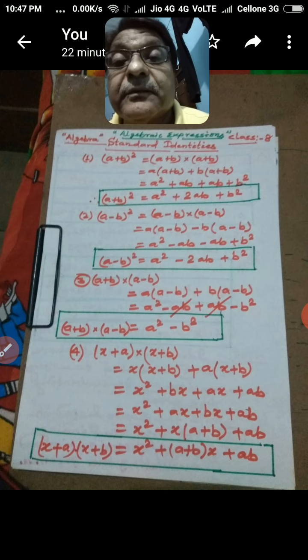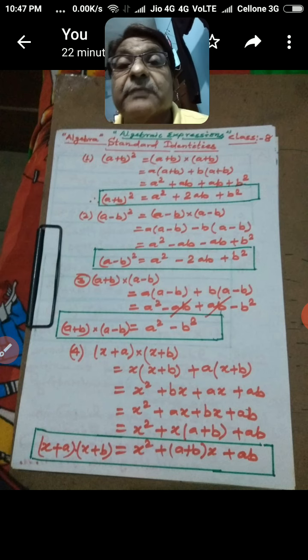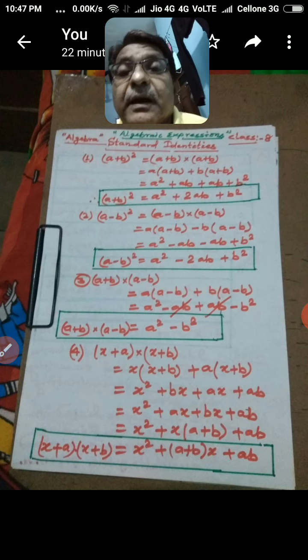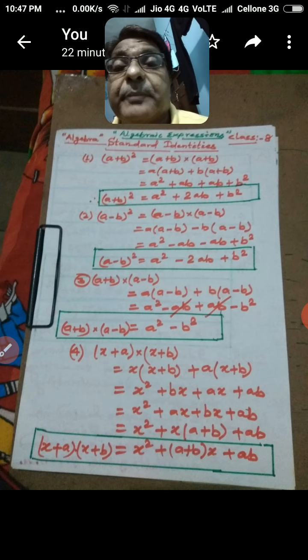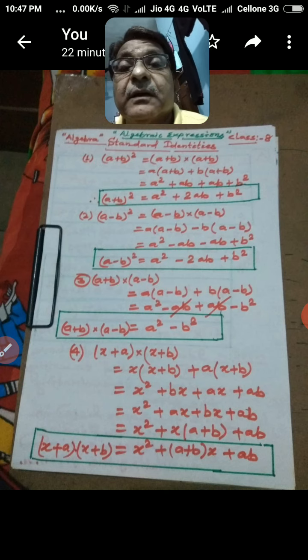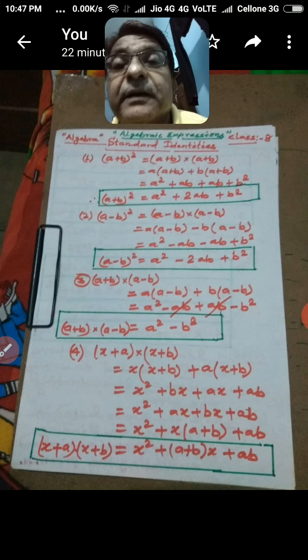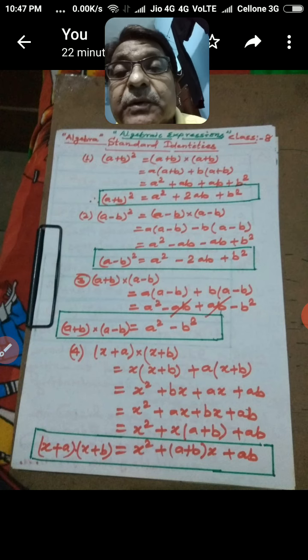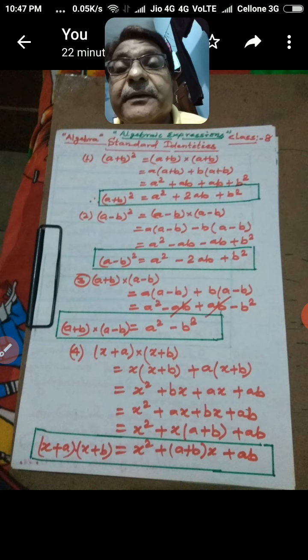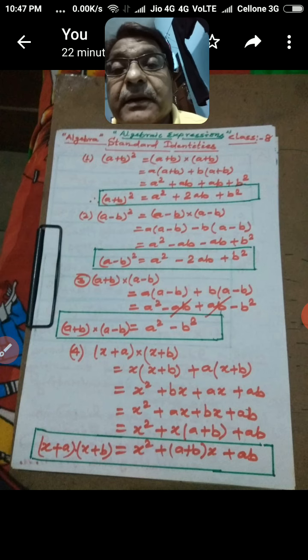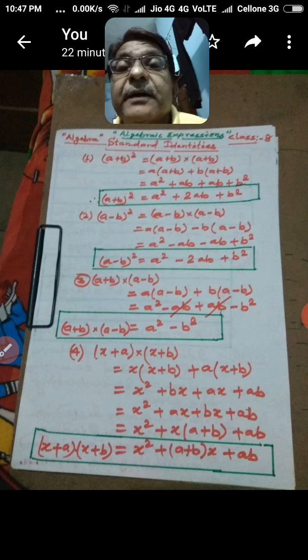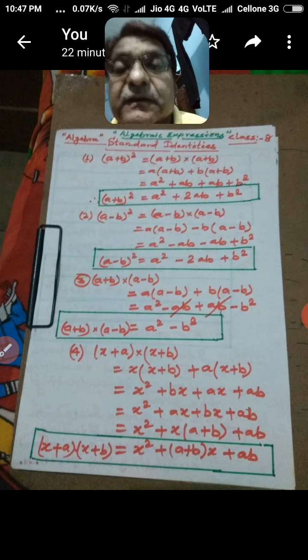Their addition, their subtraction, their multiplication, everything, that is the basic operations of mathematics. You know, there are 4 basic operations. If you include simplification, then there are 5. So these are addition, subtraction, multiplication and division, and all in one is simplification.